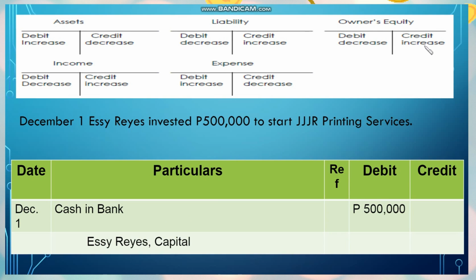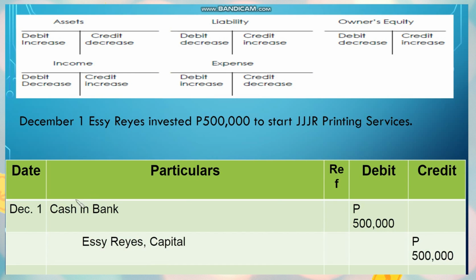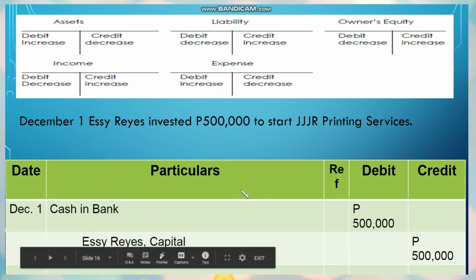So there's an increase in the ownership of S.E. Reyes, and the amount is 500,000. So we debit cash in bank for 500,000, and then we credit S.E. Reyes capital for 500,000. And of course, we should not forget the short explanation for the transaction, and that is initial investment.